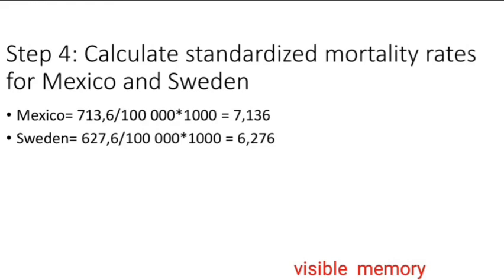The standardized mortality rate in the case of Mexico is 7.136, and in the case of Sweden it is 6.276. It is higher in Mexico, which is totally opposite to our crude mortality rate. These are not actual mortality rates, they are just for comparison.